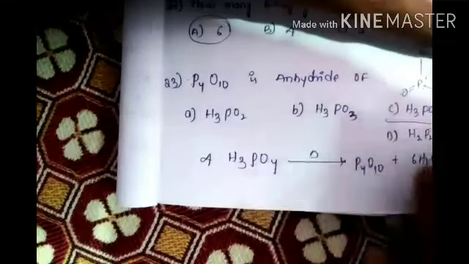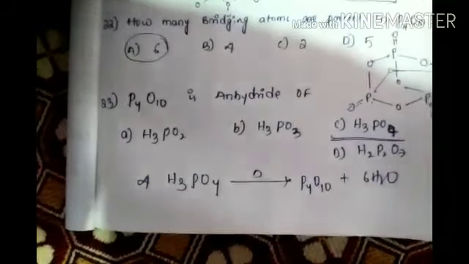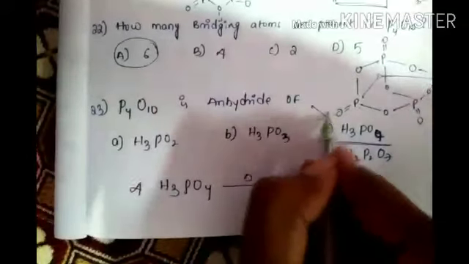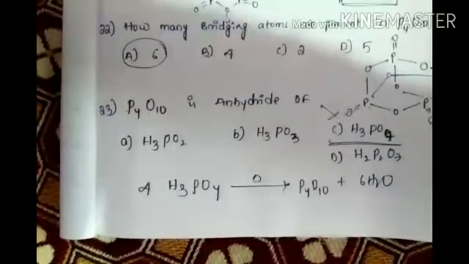So option C is correct. P4O10 is the anhydride of H3PO4. H3PO4 on heating, P4O10 will come, and 6 moles of water molecules will come.